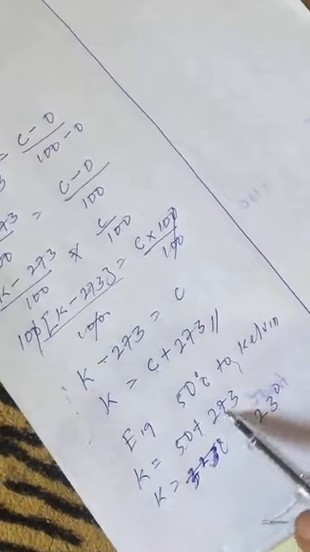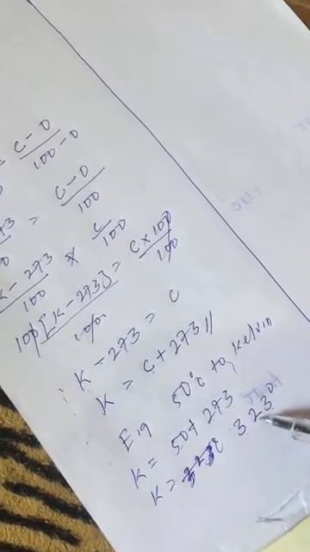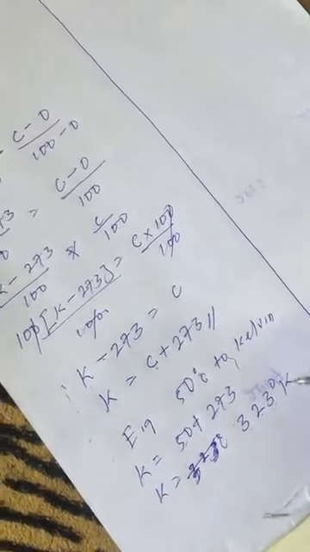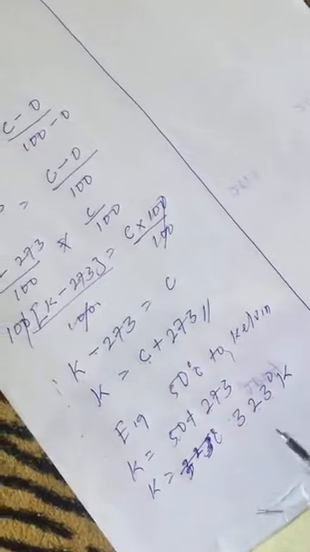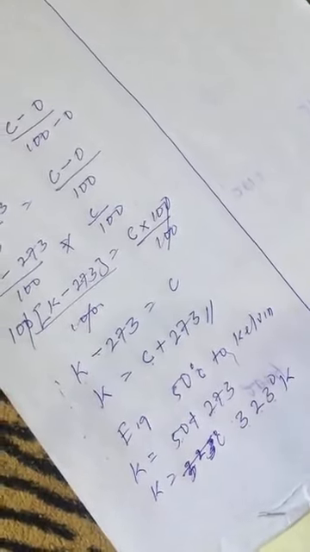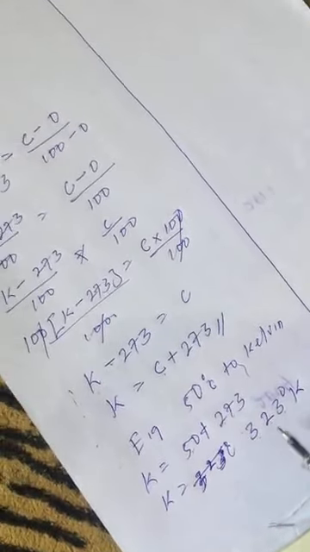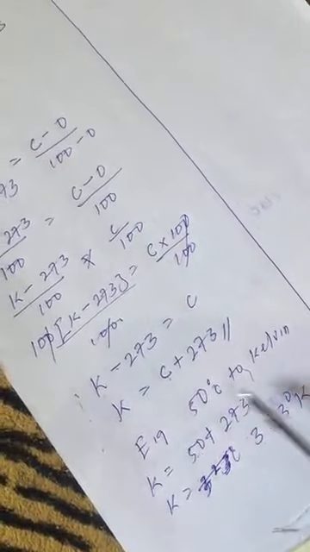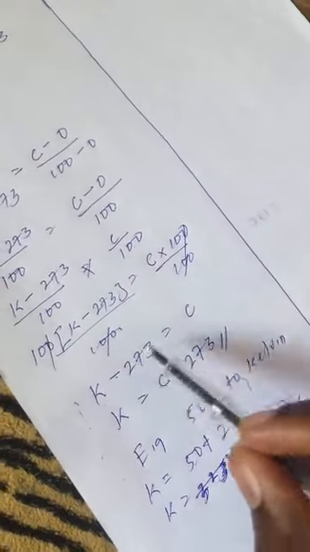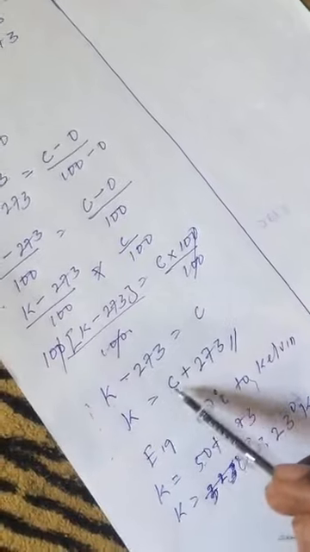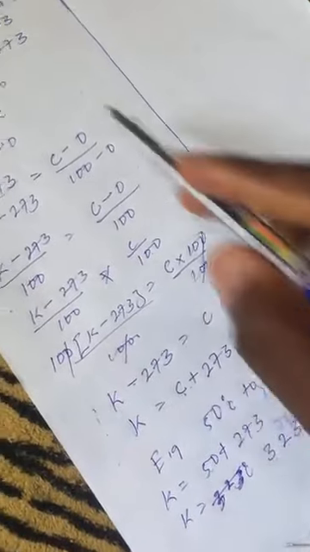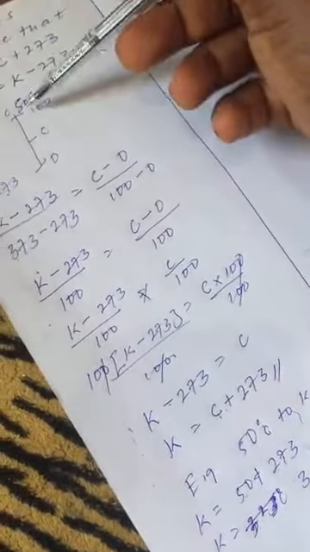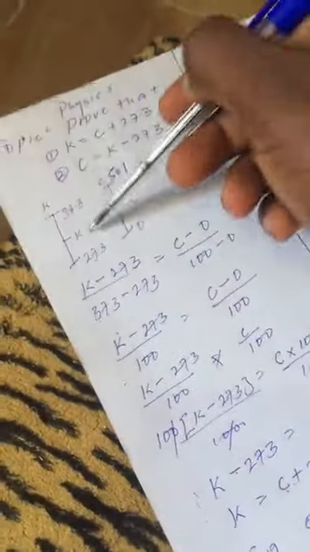So 50 plus 273 is 323 degrees Kelvin. So we are able to convert 50 to Kelvin, but our point is how k is equal to C plus 273 came about by comparing both scales together.